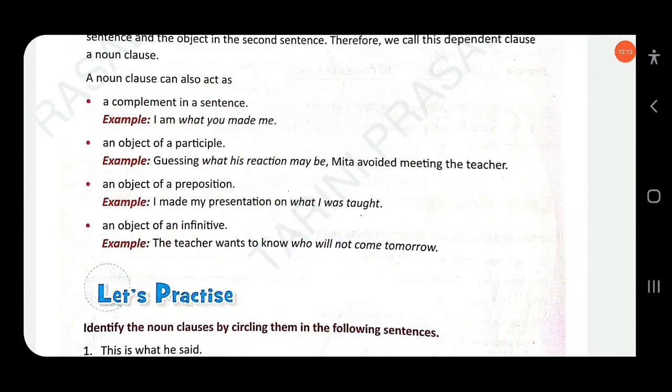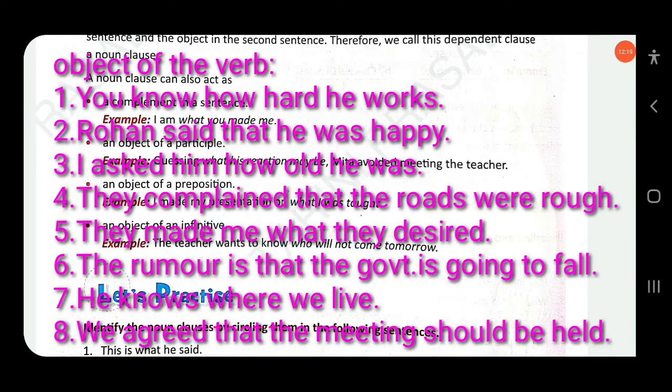Then noun clause also functions as object of the verb. Okay, suppose take an example, how hard he works. So to know the presence of object in the sentence, we ask what or whom to the verb. He gave me a pen. Gave what?